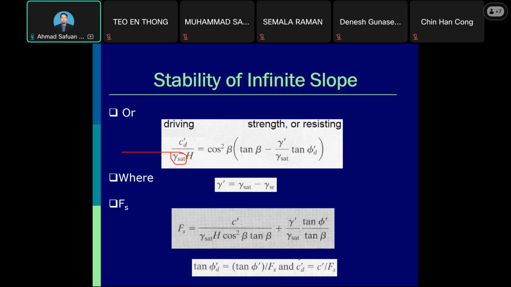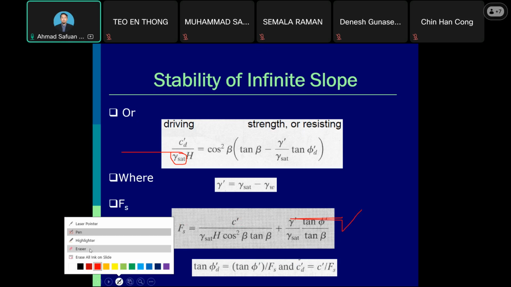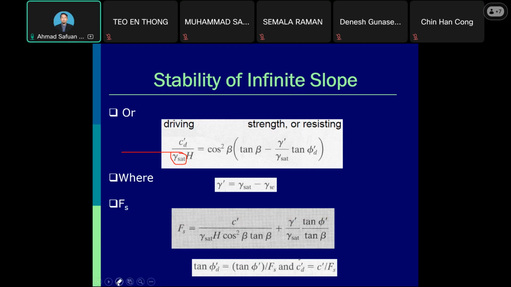For the seepage case, the formula that we may use is derived as shown in this example, which is C prime over gamma saturated H cos square beta tangent beta, plus gamma prime over gamma saturated times tangent phi prime over tangent beta.